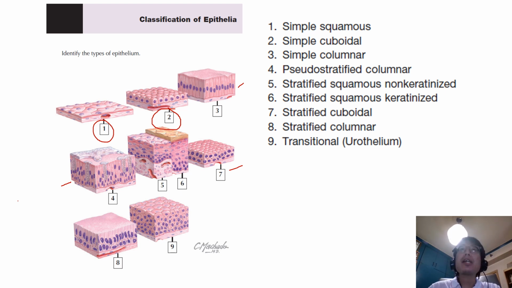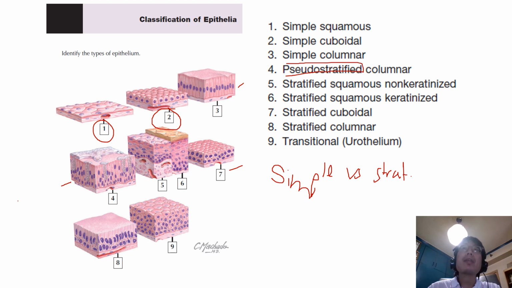A key distinction in epithelial layers is the difference between simple versus stratified layers. Simple epithelium simply means that there is a single layer of cells, whereas stratified epithelium implies that there are at least two layers of cells.